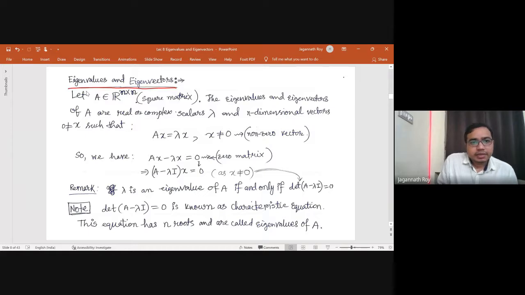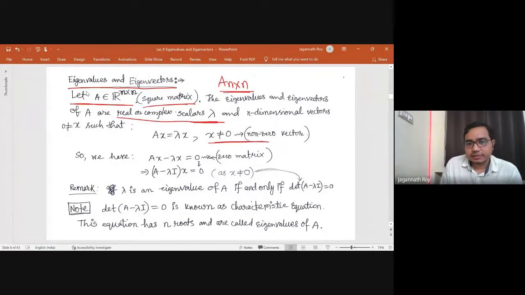If we have a square matrix A, an n by n matrix, and some real or complex number lambda, and there is some non-zero vector x, such that it satisfies the equation Ax equals lambda x.